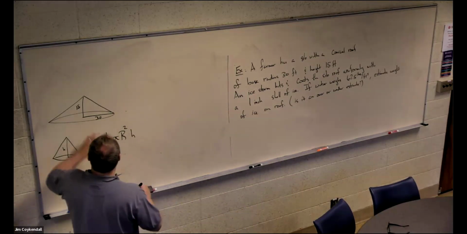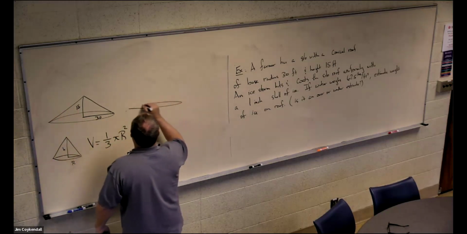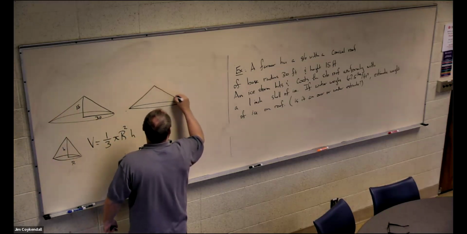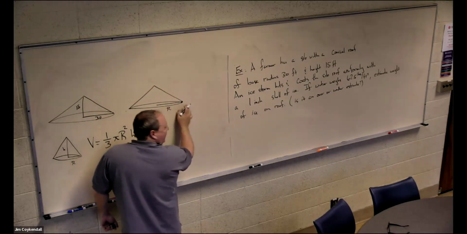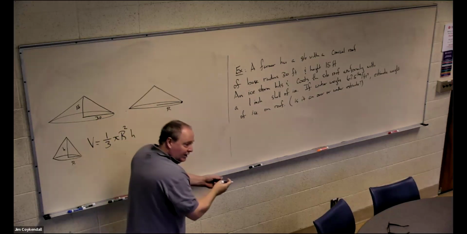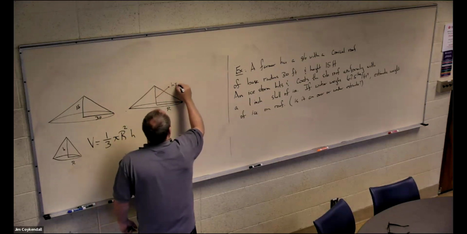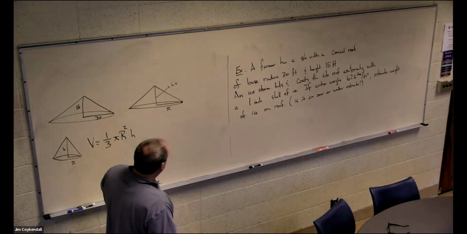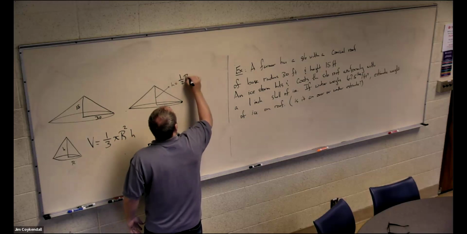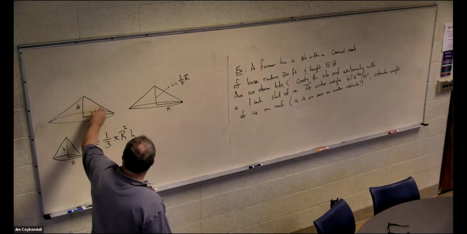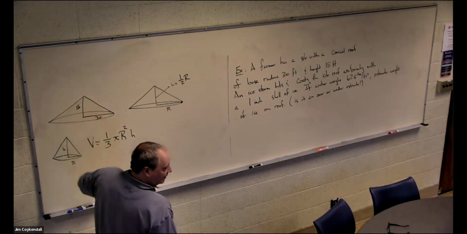But there is one thing that we can take away from this. When you add ice to this, I did say it's uniform, so it should grow proportionally. Let's call this R. Now R might be a little bit bigger than 30 because now you've got a little bit of ice on it. And what's the height? It should be a little bit bigger too, but if you put the ice on uniformly, it should be 1/2 R. It should preserve this relationship, that is, the radius is twice the height.